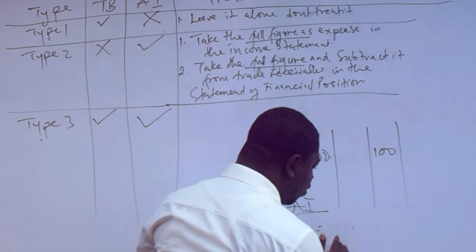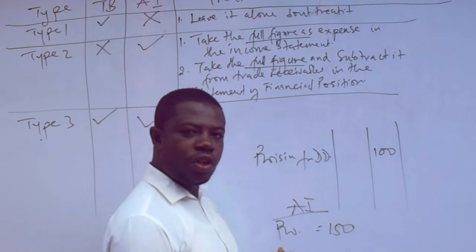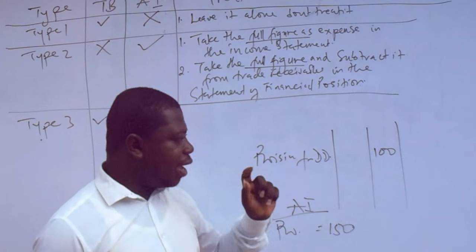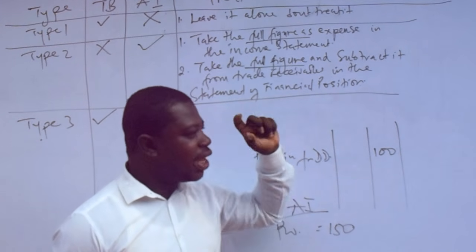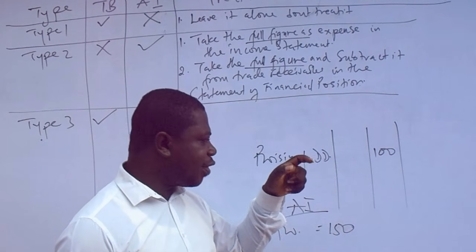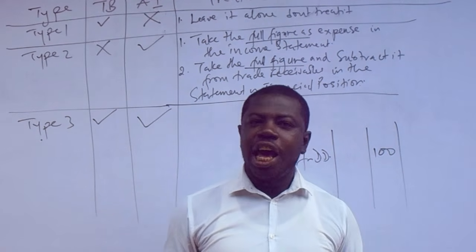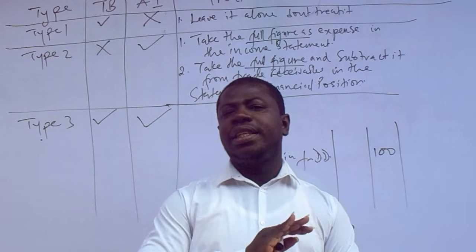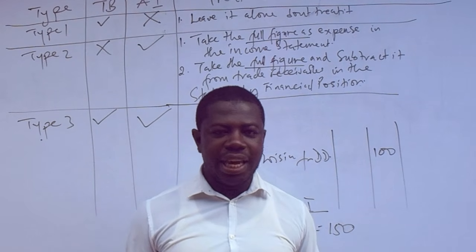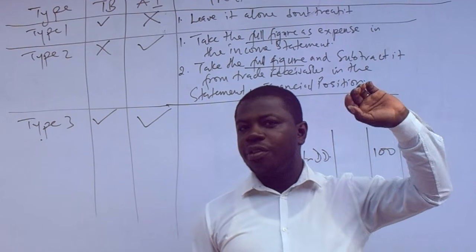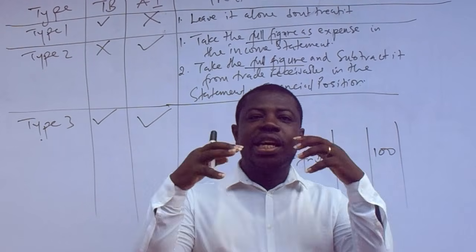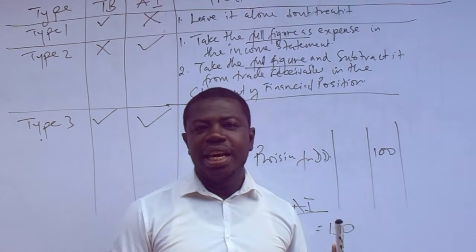Now in the case where it was 150, let's assume that it's 150 and the difference of 50 is taken as an expense. When we get to the balance sheet or statement of financial position, we are going to subtract this whole 150 and not the difference. And so the statement of financial position does not cater for only differences. It takes the full figure to the statement of financial position to subtract. But when it comes to the income statement, we only need the difference.